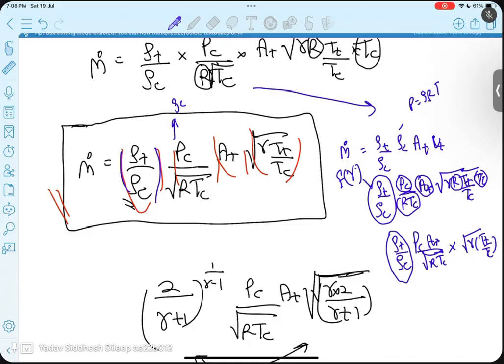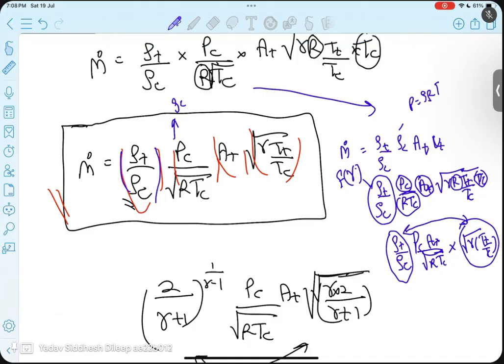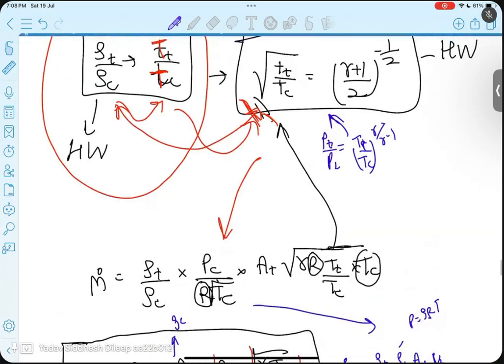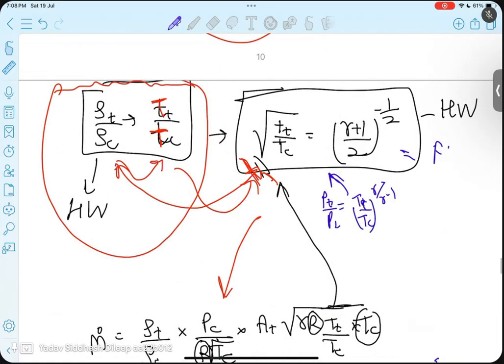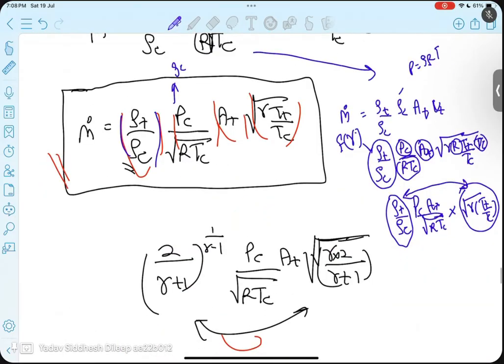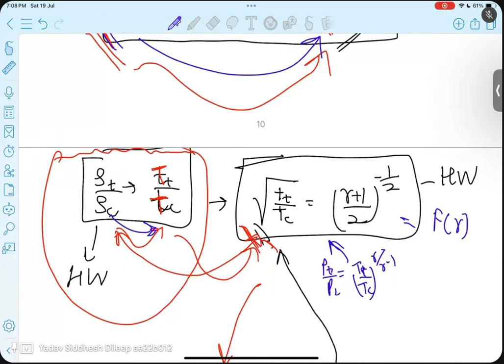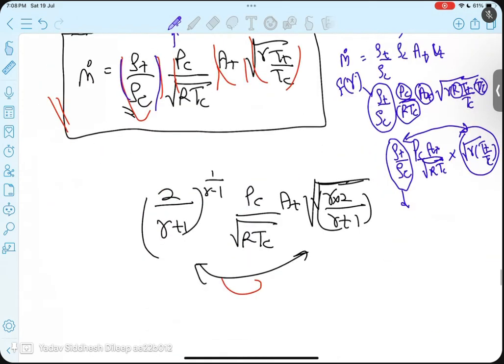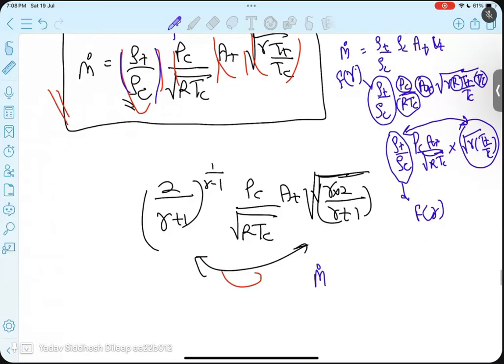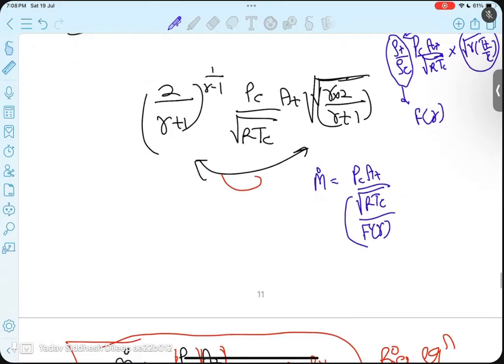So this thing and this thing, you can write TT by TC as a function of gamma. Rho T by rho C also we wrote as a function of TT by TC, so it will also be a function of gamma. So the whole equation comes as m dot equals PC AT by root R TC upon a function of gamma. This term, and gamma is a dimensionless number.